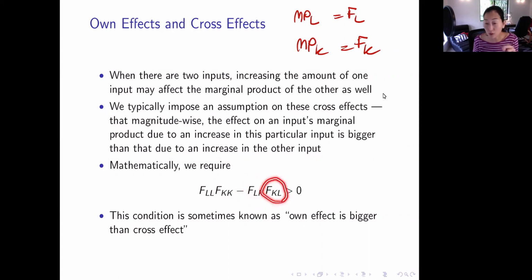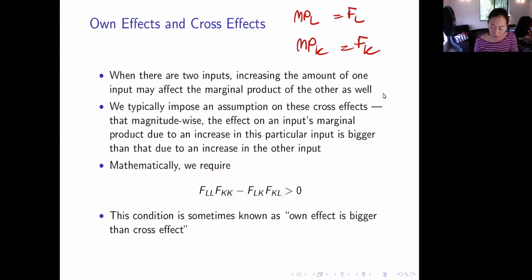And this one: when you change L, how much does it affect MPK? So this is the own effect, whereas this is the cross effect. If we assume the own effect dominates the cross effect, this term has to be positive.